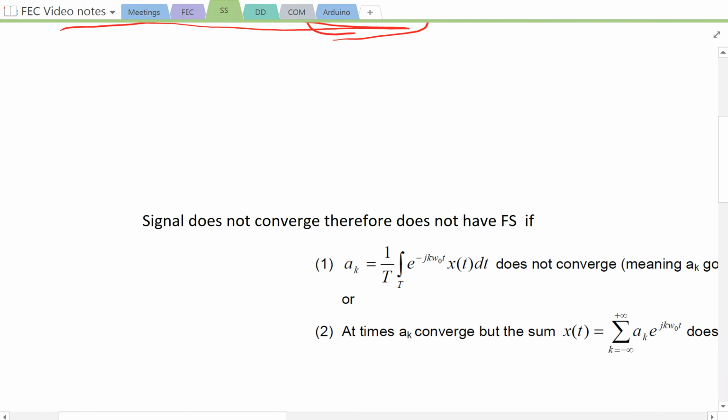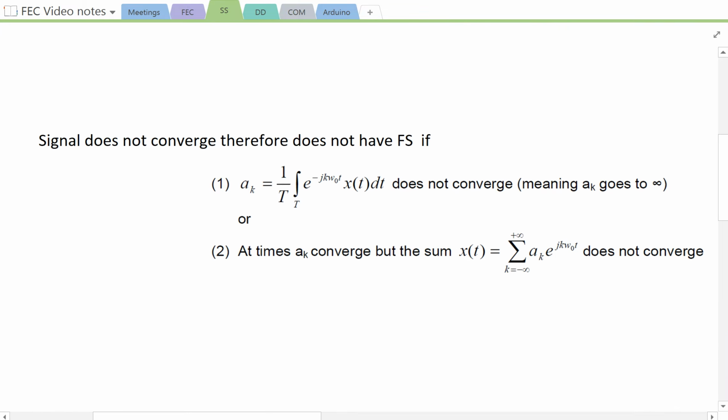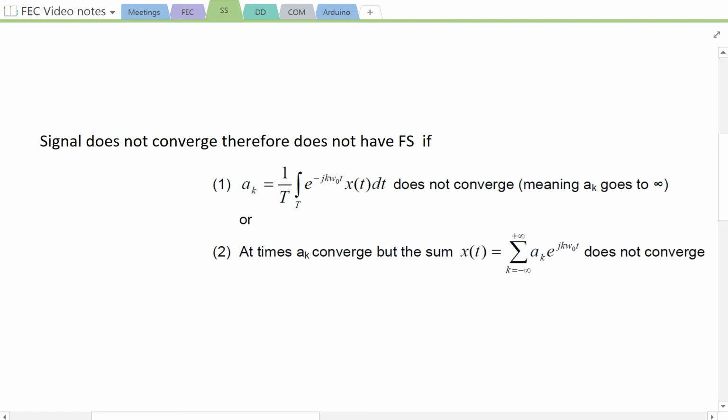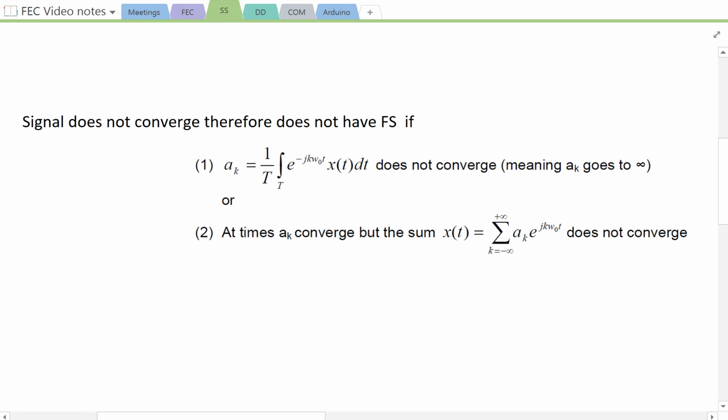So how do we know if our signal is convergent or not convergent? The way we look at it, we basically say the signal does not converge if either of these conditions is true. If a of k, as we calculated, does not converge. In other words, as we increase k, the difference doesn't become smaller and smaller.